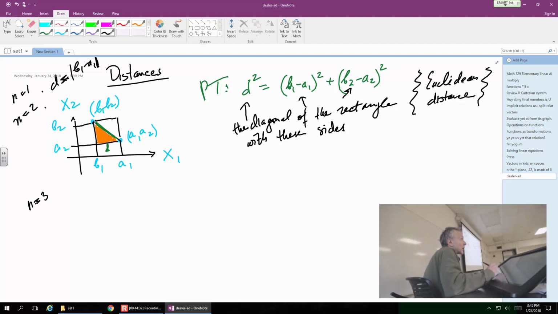But first, let me once again illustrate this idea in 3 dimensions first. Once again, it's still geometric, Euclidean geometry still applies.